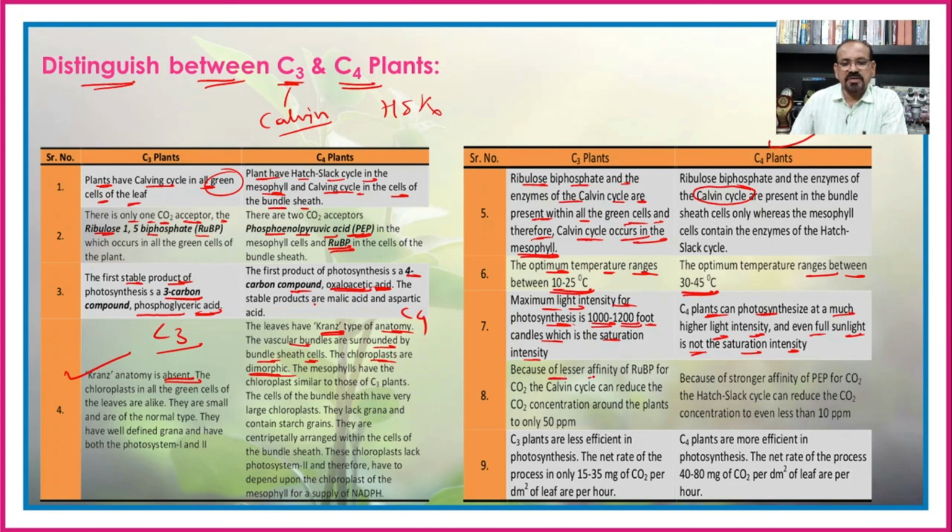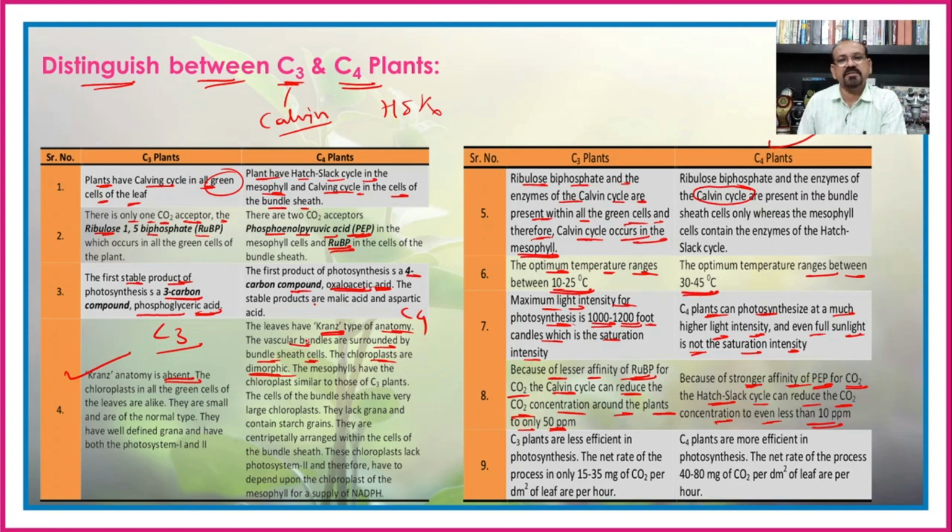Then because of the lesser affinity of the ribulose 1,5 bisphosphate for carbon dioxide, the Calvin cycle can reduce the carbon dioxide concentration around the plants to only 50 ppm. But because of the stronger affinity of the phosphoenol pyruvic acid for carbon dioxide, the Hatch and Slack cycle can reduce the CO2 concentration to even less than 10 ppm.